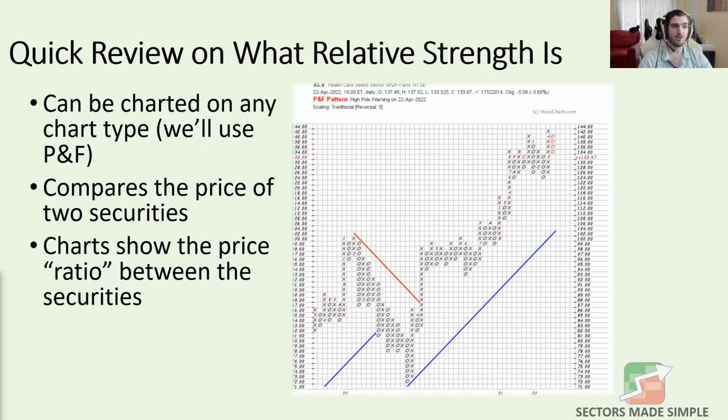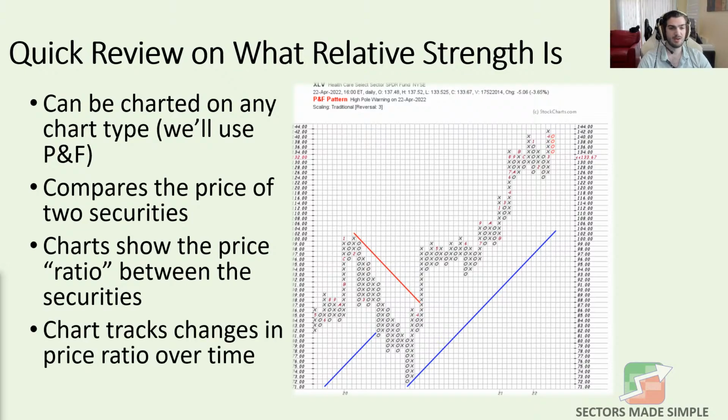There is no relative strength thing that you can purchase. Instead, what it does is it shows us the ratio between the 2 different securities. And just like any good chart does, it will show us the changes in this ratio over time, so that we get to know, is the thing we're looking at gaining strength or losing strength compared to what we're comparing it to?